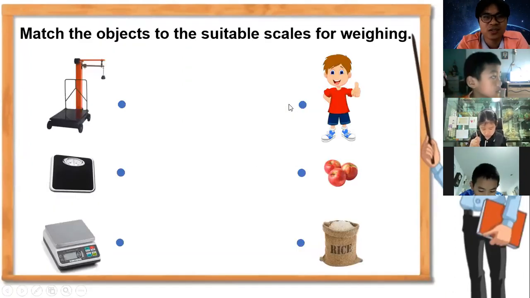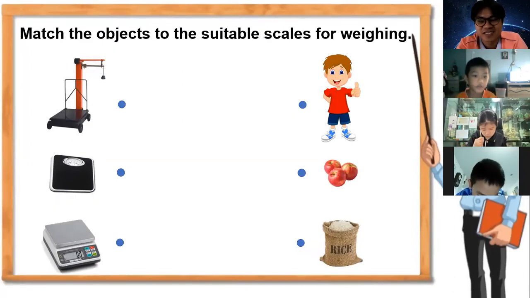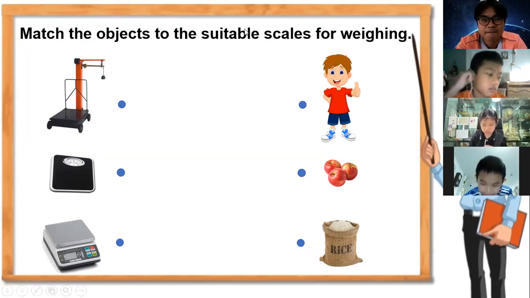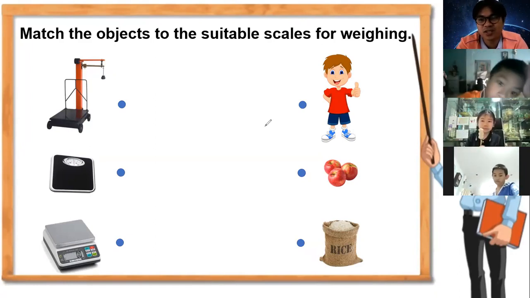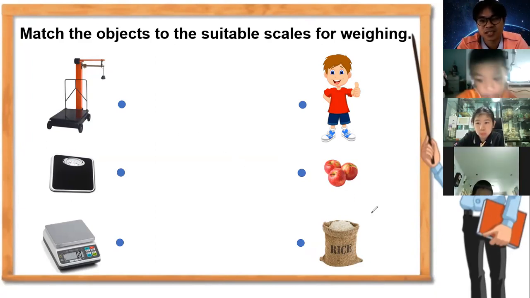Let's try to look at this. As we mentioned a while ago, we need to find the appropriate weighing scale to measure the objects. For example, this picture here. Which one do you think is the most suitable scale for these items?